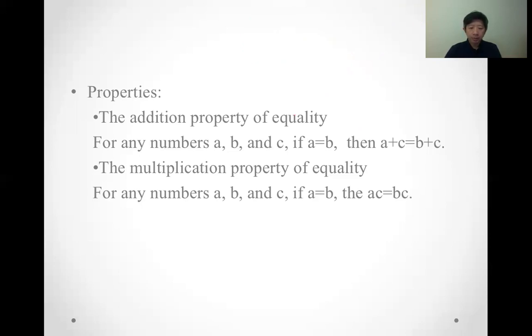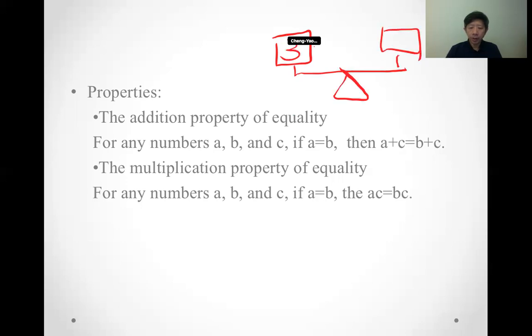Now, same thing for the multiplication property. For any numbers A, B, and C, if A equals B, then AC equals BC. Similarly, let's say A is 3 and B is 3, right?